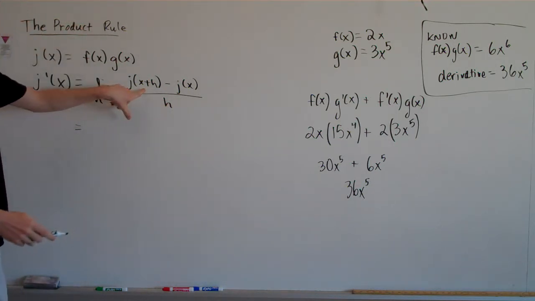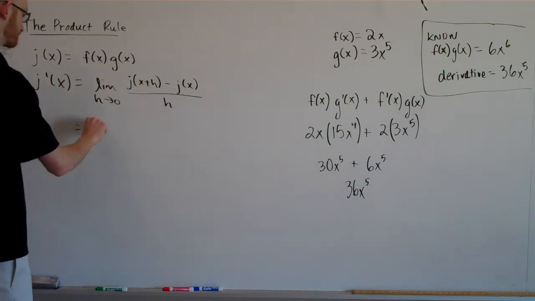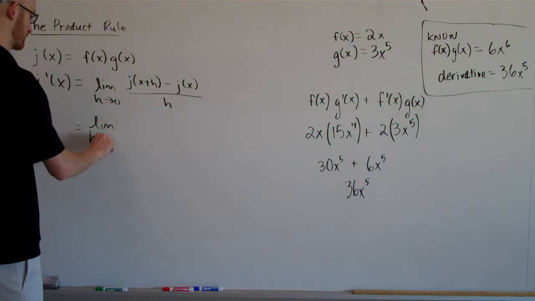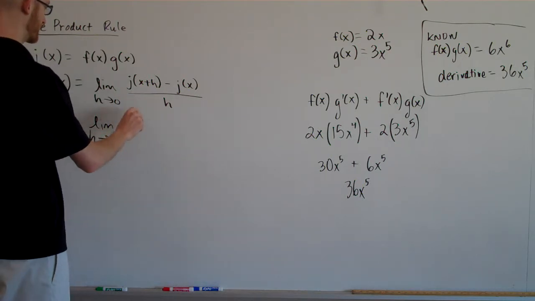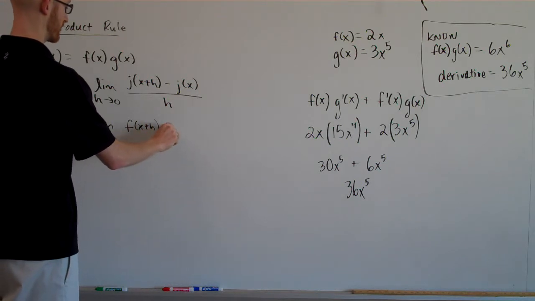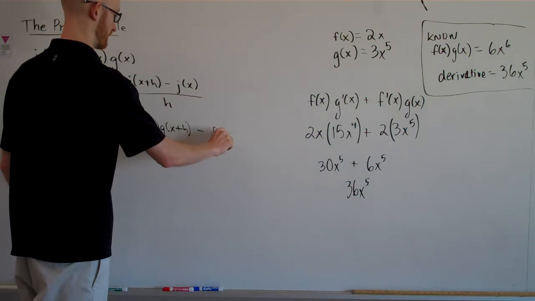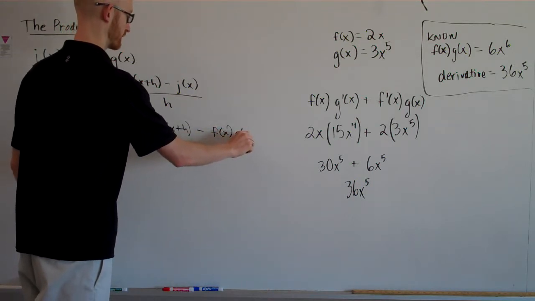So the thing is, j of x plus h is x plus h plugged into both of these. And that would be f of x plus h, g of x plus h, minus f of x, g of x.